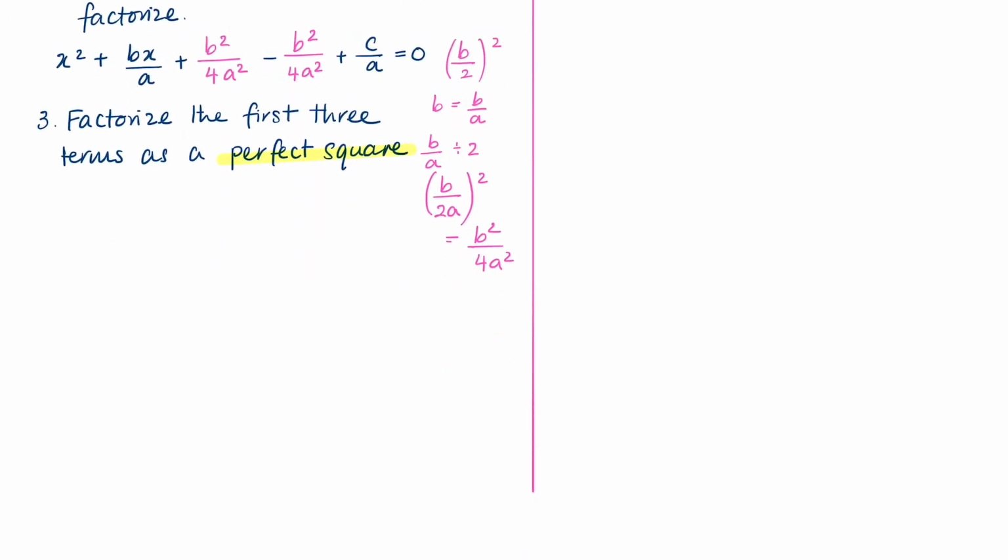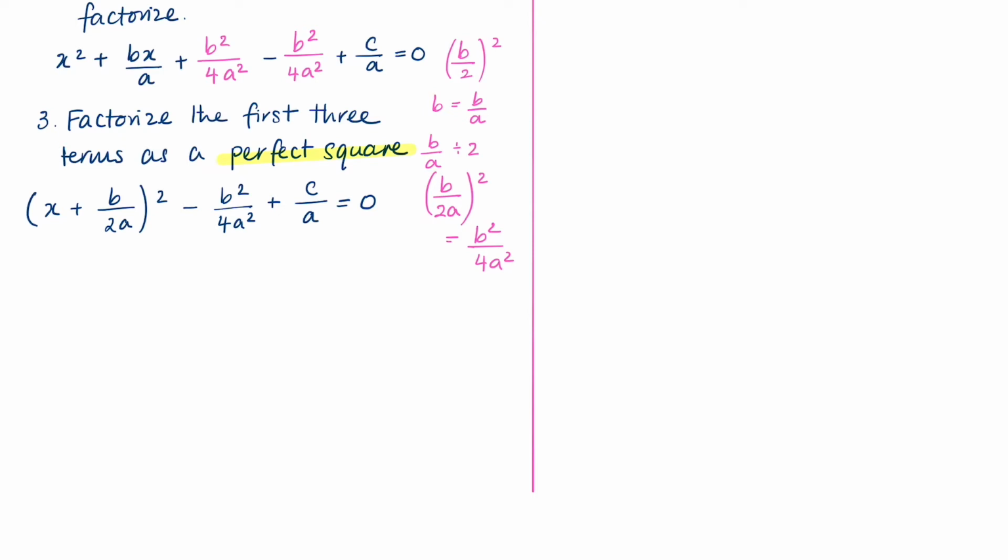So factorizing the first 3 terms, I'm left with x plus b divided by 2a all squared minus b squared over 4a squared plus c divided by a equals 0.